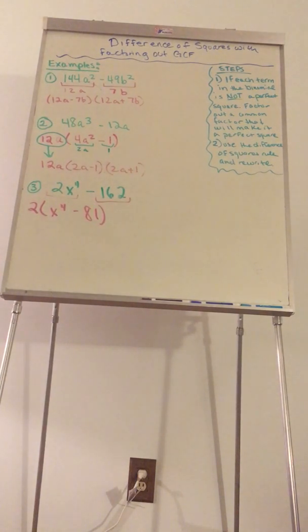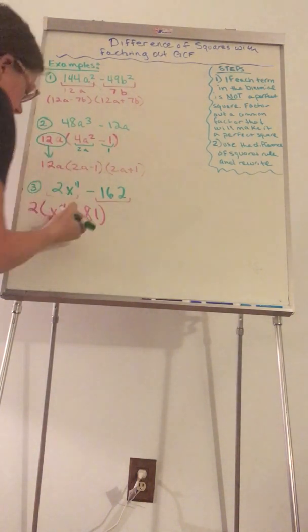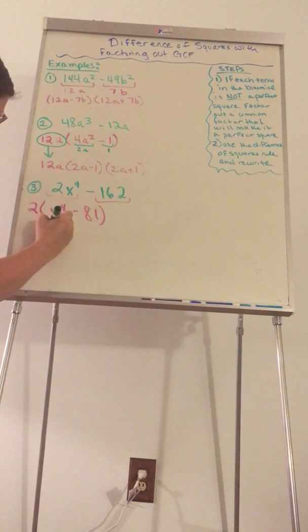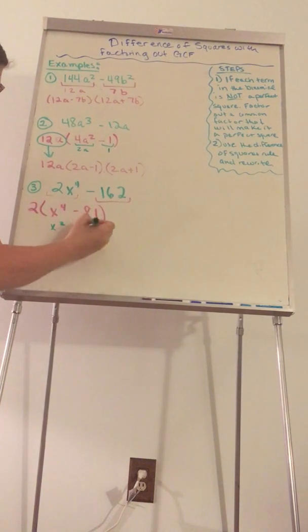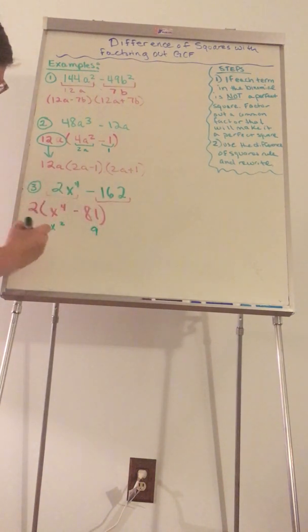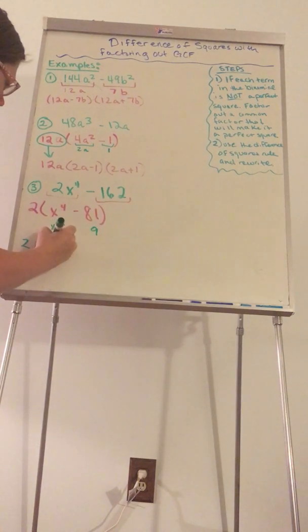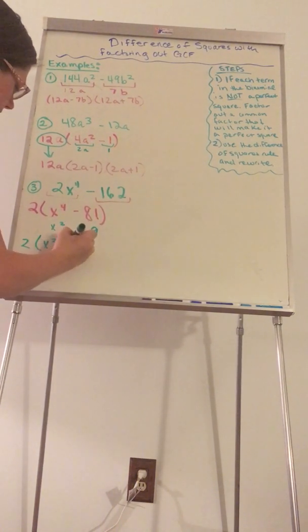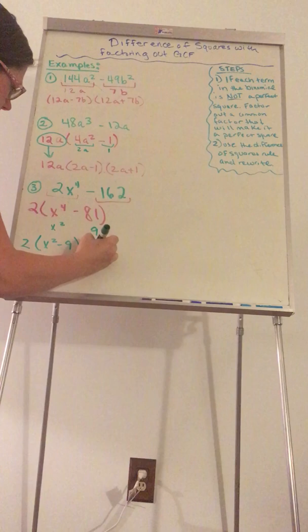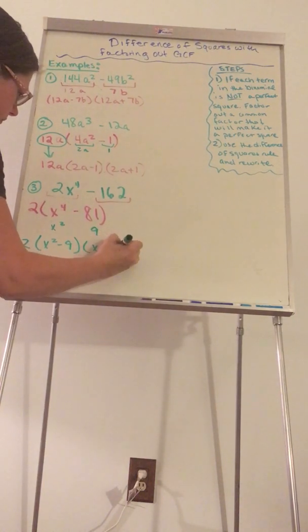The square root of x to the 4th is x squared. The square root of 81 is 9. So I will have then 2 times x squared minus 9 times x squared plus 9.